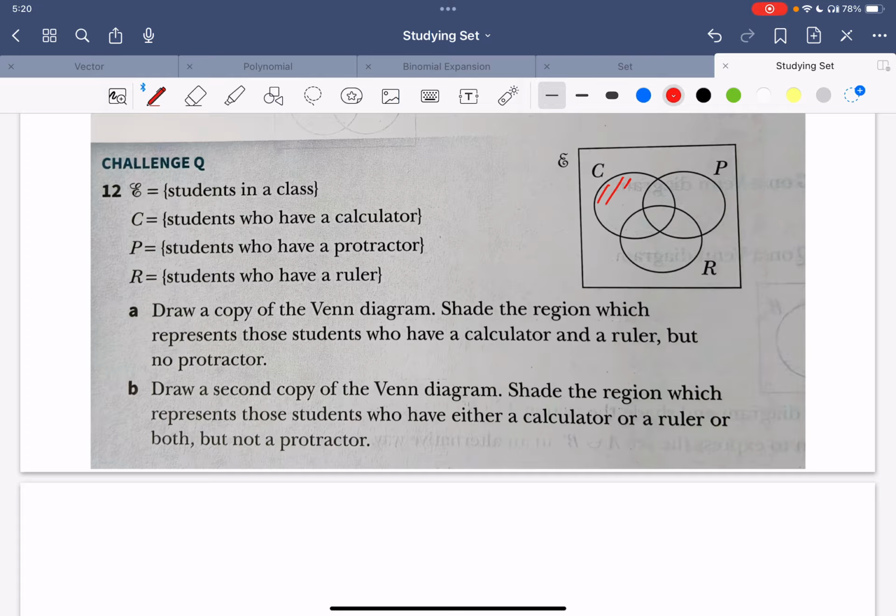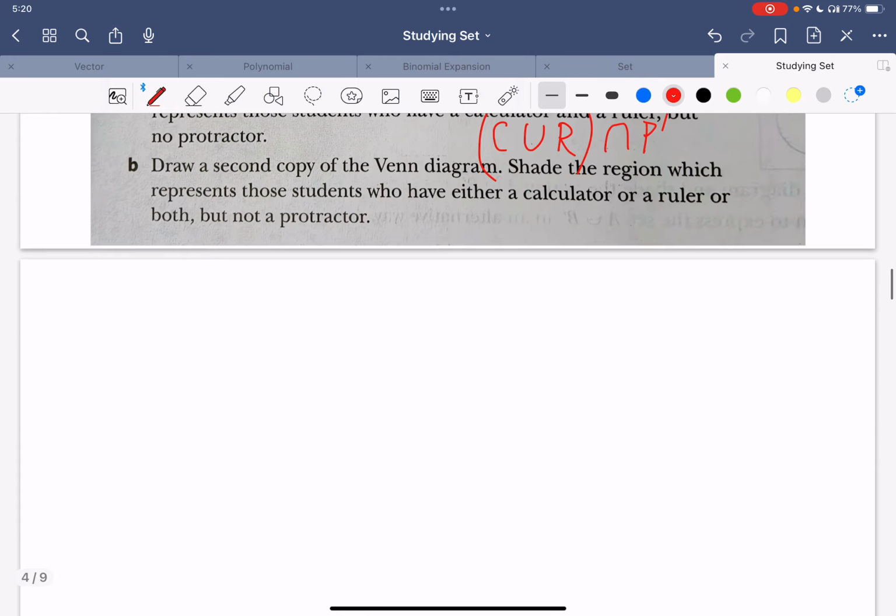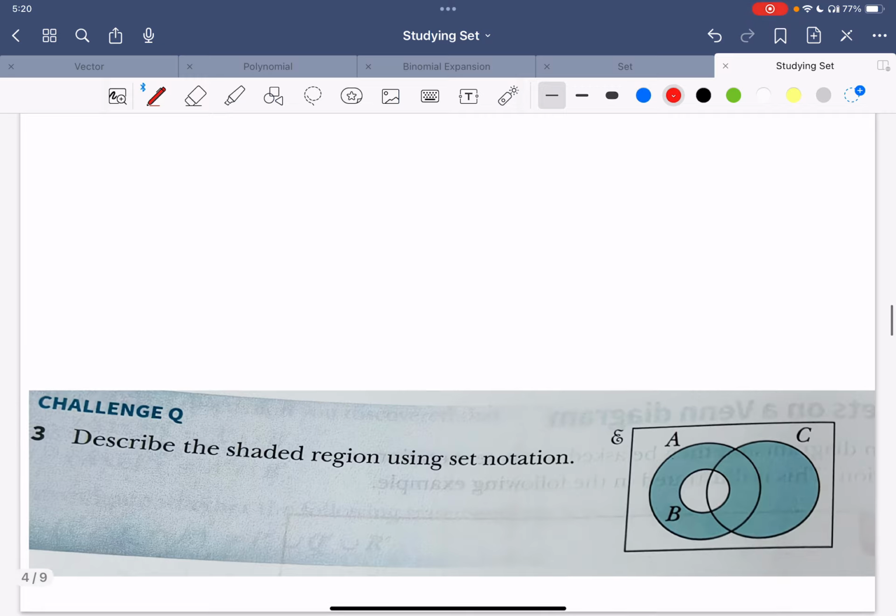I think it's this one, because we cannot include the protractor. Okay, so it's C union R and intersects the complement of P.